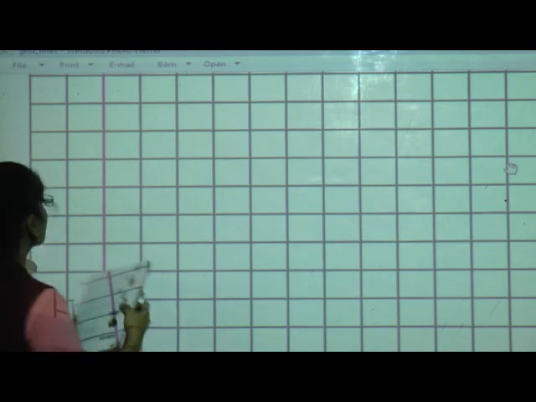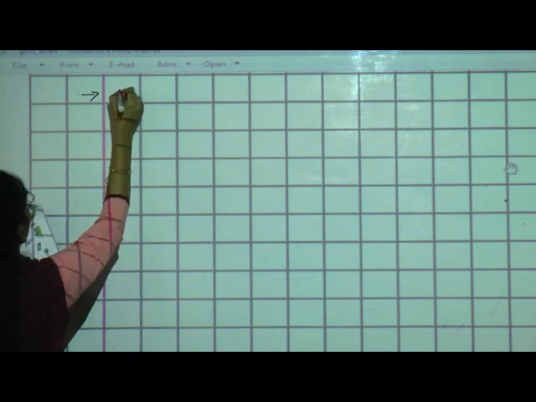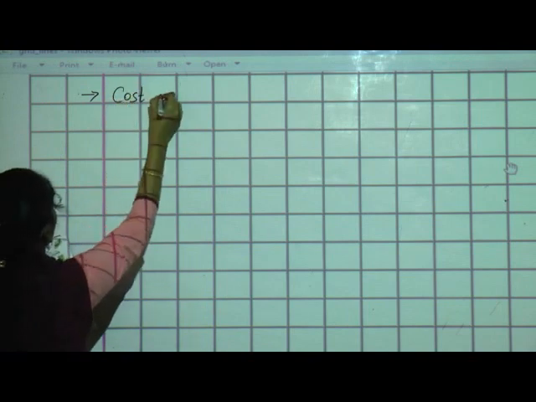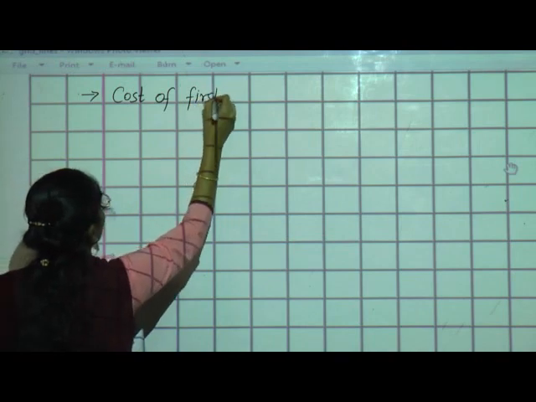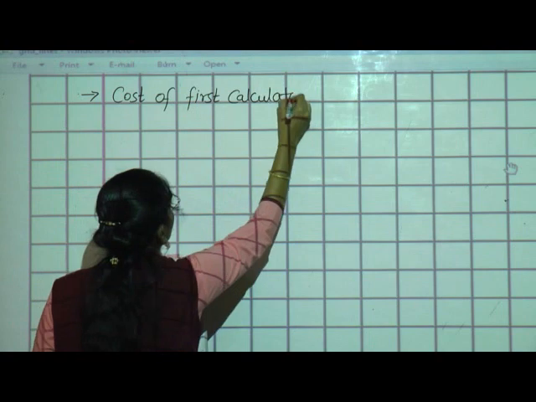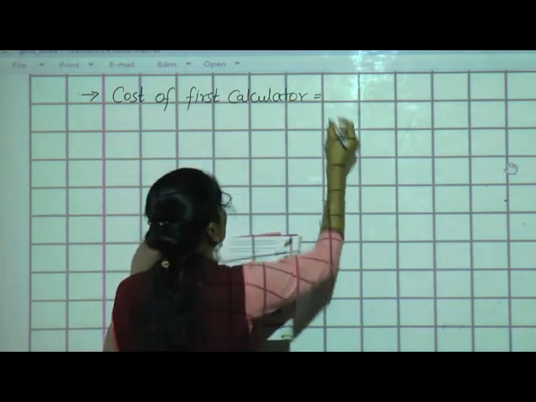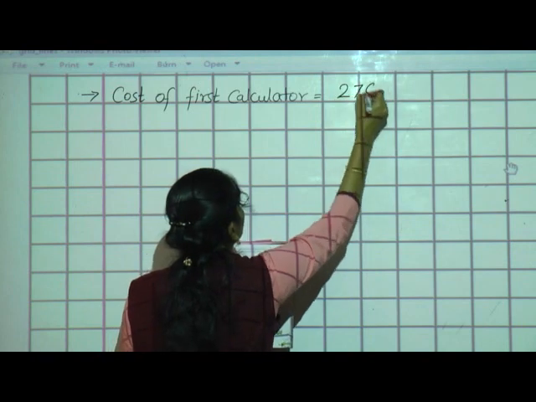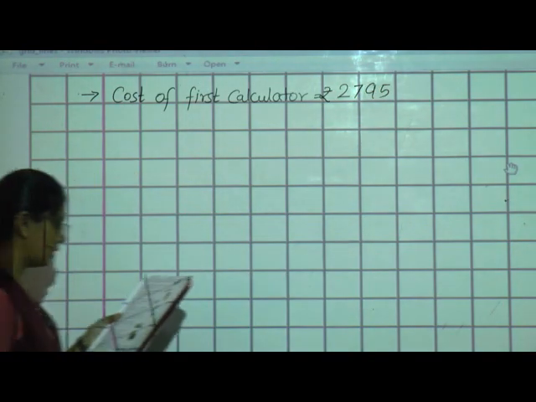Ramesh bought a total of 2 calculators. So what is the cost of the first calculator? The cost of one calculator is 2795 rupees. This is the symbol of rupee.